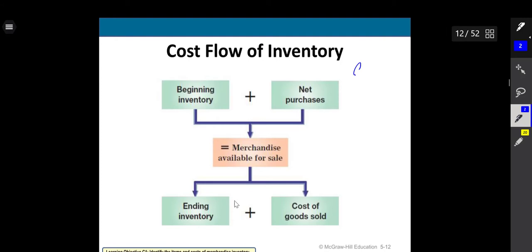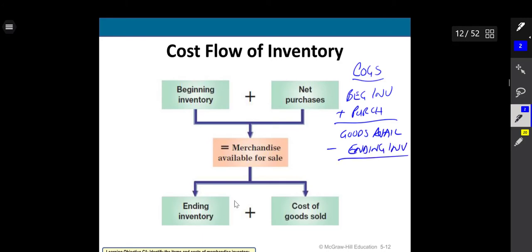But what I want to do is look at this like a cost of goods sold formula. So we have beginning inventory plus purchases. That's goods available for sale. And then we subtract out ending inventory.